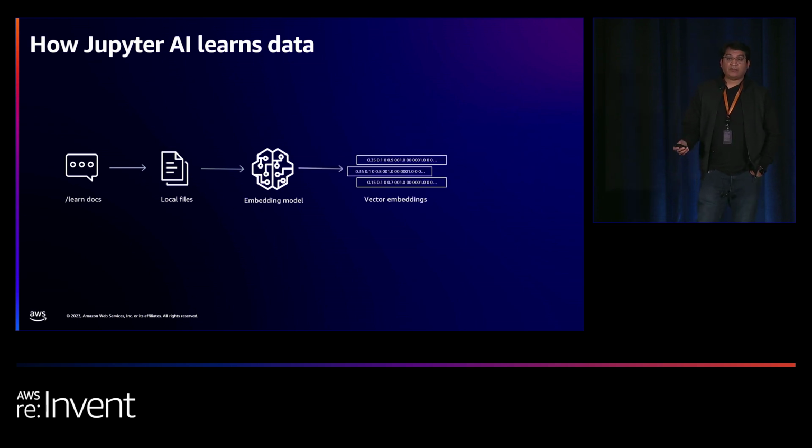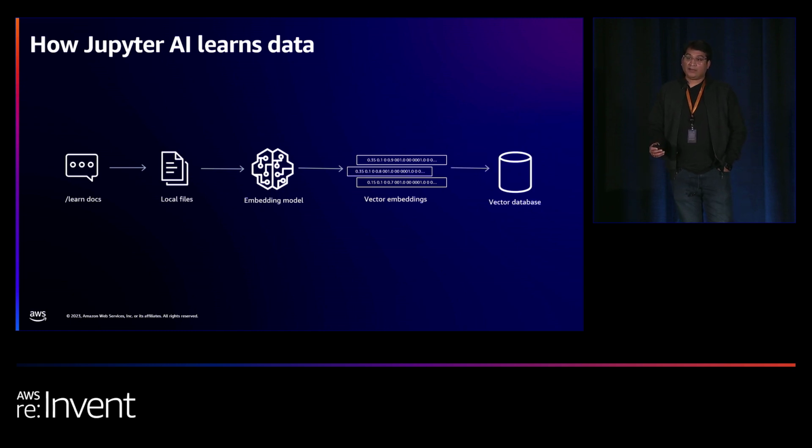And once the embedding model returns something called vector embeddings, so it takes those text passages and converts that into vector embeddings, and we'll talk about what vector embeddings are and how they're useful, Jupyter AI is able to take that and then store those vector embeddings along with the text chunks from your data and store it in something called a vector database.